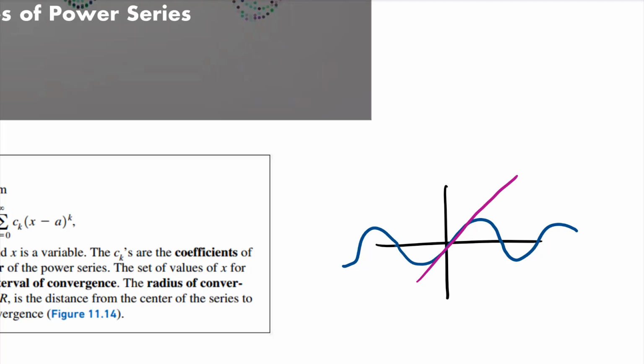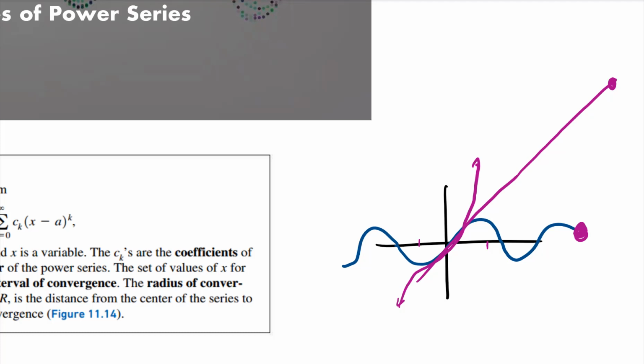And then we had something that did this, and it got better and better. There was some interval for which the values would actually give us a pretty good approximation. Because I don't think this is a very good approximation here for this point. You know what I mean? That's kind of far away. It's not a good approximation.